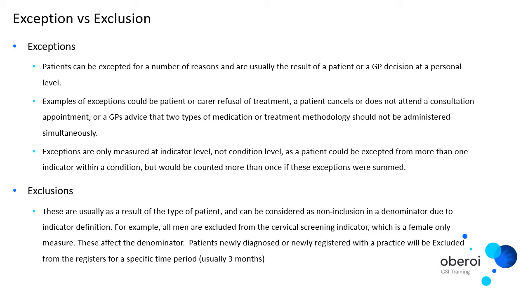Exceptions are only measured at indicator level, not condition level, as a patient could be excepted from more than one indicator within a condition, but would be counted more than once if these exceptions were added up. So the exceptions are for the individual indicators, the specific detailed measurements within a domain.